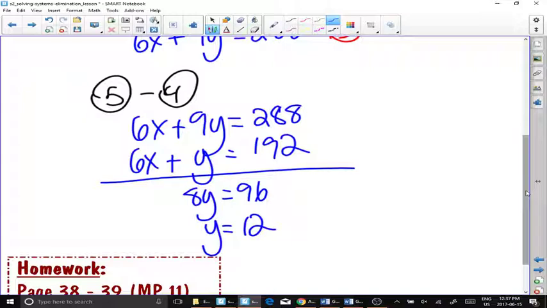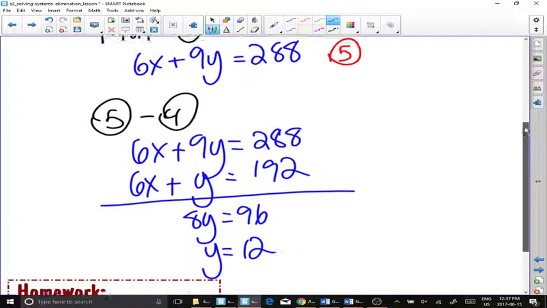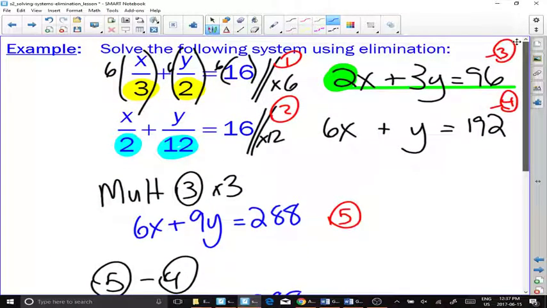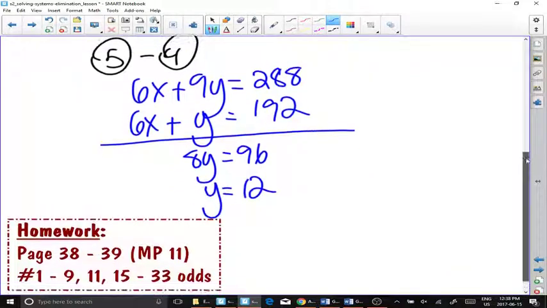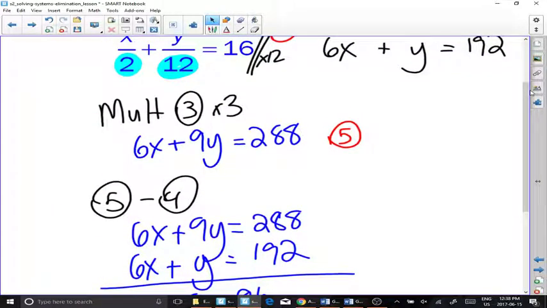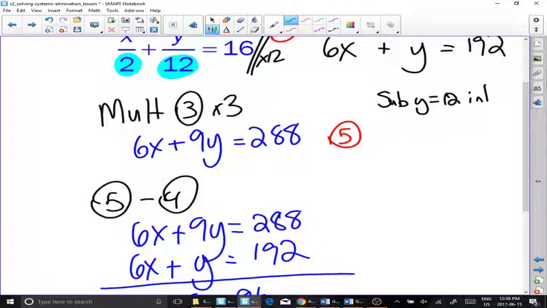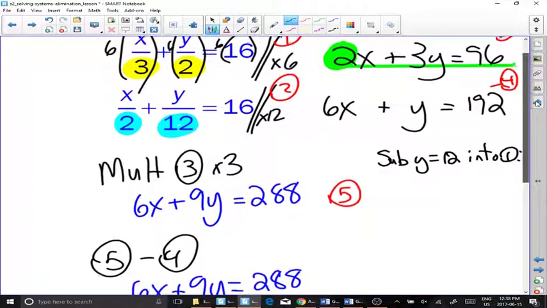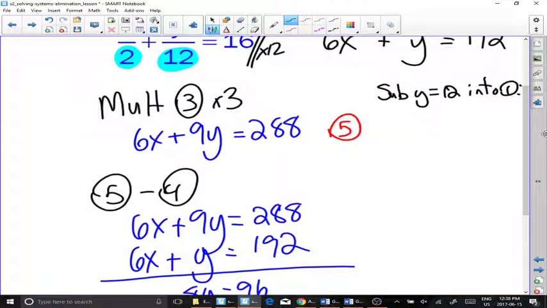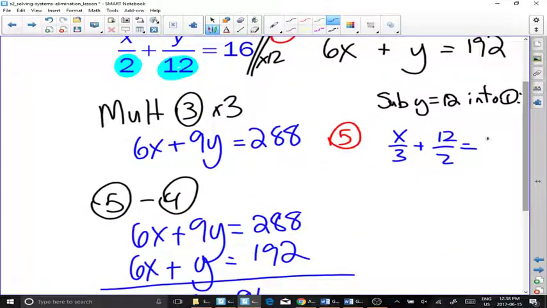That gives us half the question. We now have to substitute that into one of the original equations. So let's go ahead and plug it right into equation 1. So we can sub y equals 12 into equation 1. X over 3 plus y over 2, so that's x over 3 plus y, which is now 12 over 2, equals 16.